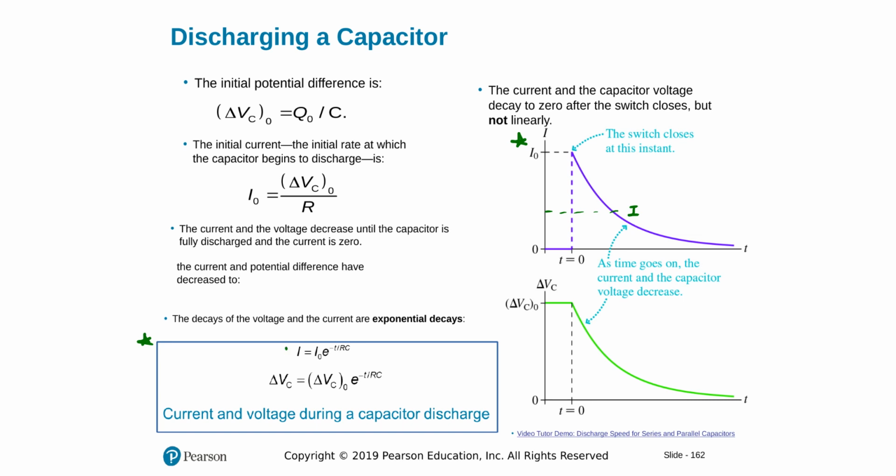I, the current at any moment in time, is equal to initial current times e to the power of minus t over RC. So I is the current at time t, and I0 is the initial current.